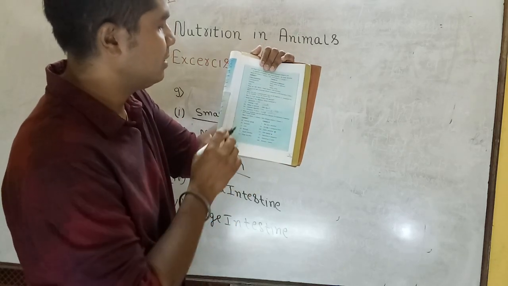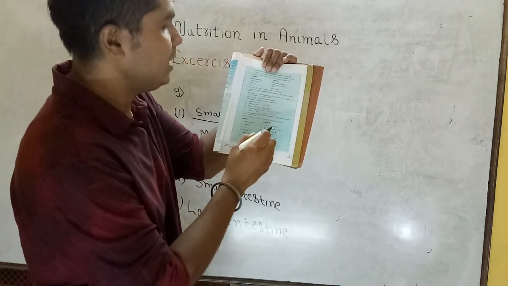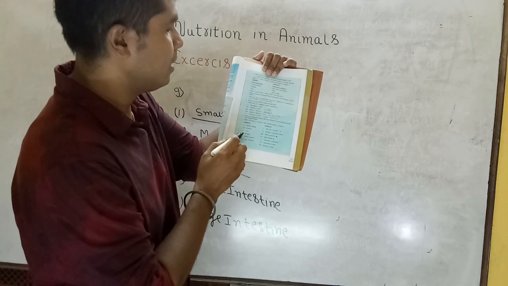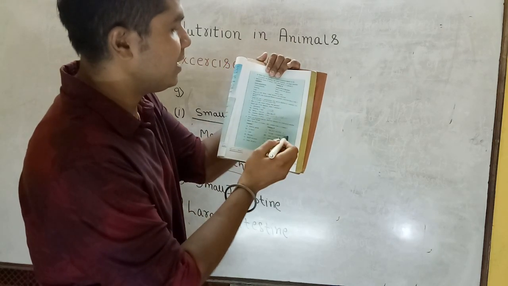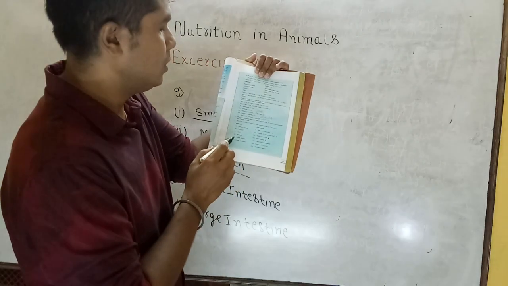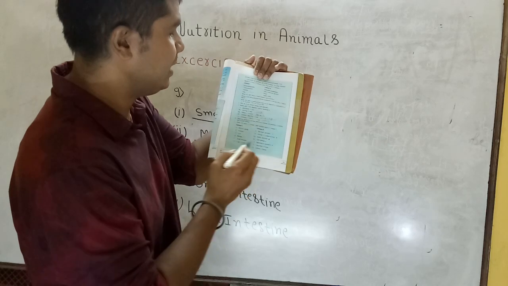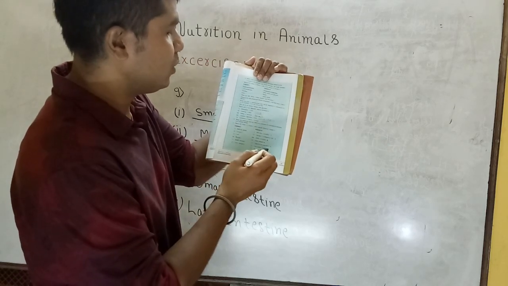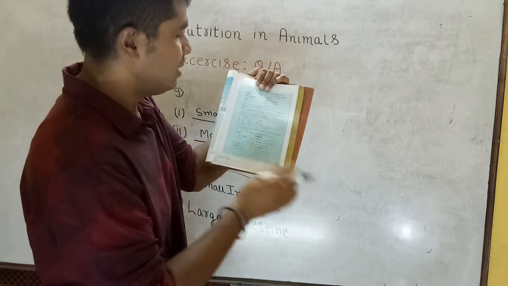Liver, the answer will be bile juice secretion. Rectum, the answer will be storage of undigested food. Small intestine, digestion is completed. Large intestine, absorption of water. So these are the answers.